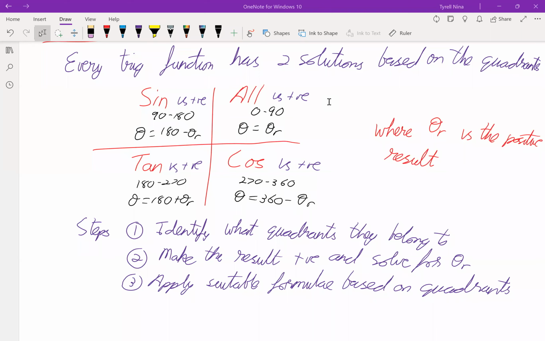There's a reason I'm not going through radians. Secondly, all means that no matter what the function is, it will all be positive. So sine, cos, and tan are positive in the first quadrant. So this has first quadrant, second quadrant, third quadrant, fourth quadrant, right?